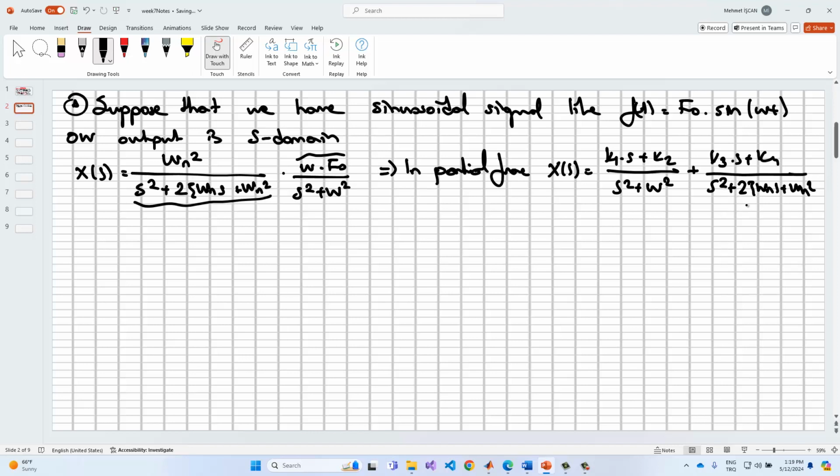Okay? And so with the previous knowledge, this is considered the transient response. But this is the sinus signal, right?